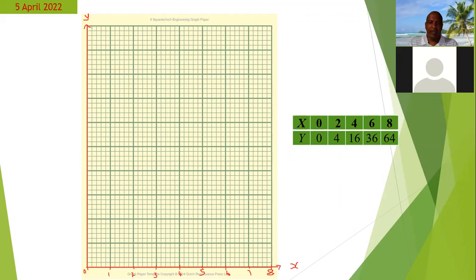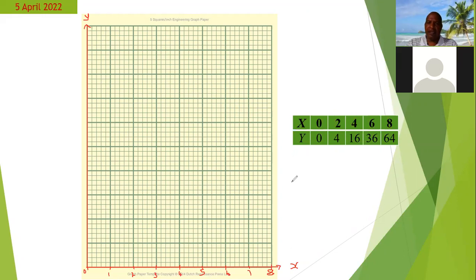So as I was saying here, you would choose a suitable scale for the x-axis and a suitable scale for your y-axis. On my x-axis here, I use a scale of 1 centimeter equal to 1 unit for the x value.